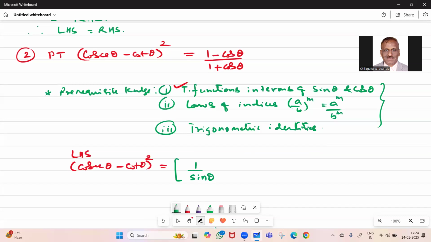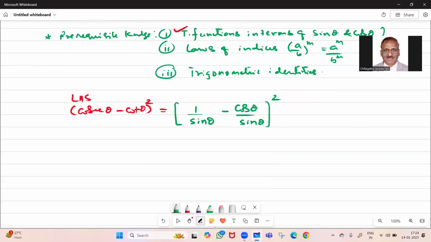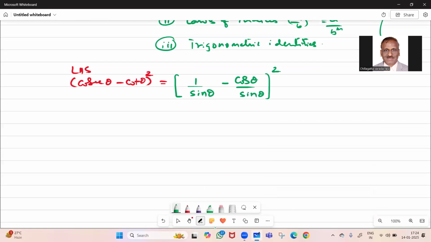You know that sin and cosecant are reciprocals. Minus cot theta can be written as cos theta by sin theta, whole square. So both cosecant and cot are converted in terms of sine and cos.